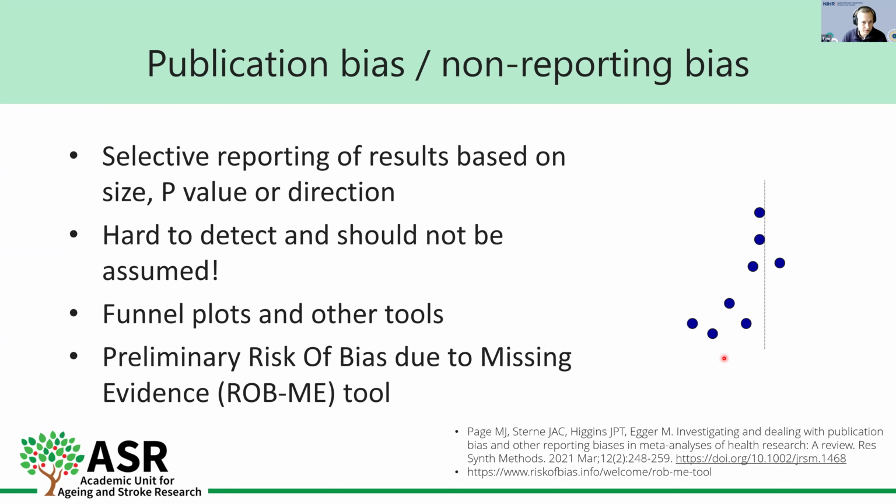So it's not necessarily down to publication bias and worth considering, because you might have already downgraded for another reason if it was one of those others. There's also this tool which I've not had a chance to use, the preliminary risk of bias due to missing evidence, the RobMe tool, which is in development at the moment.